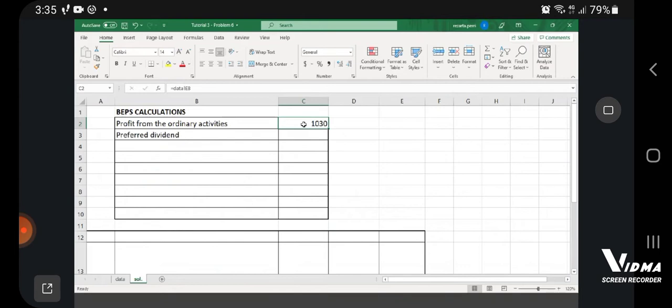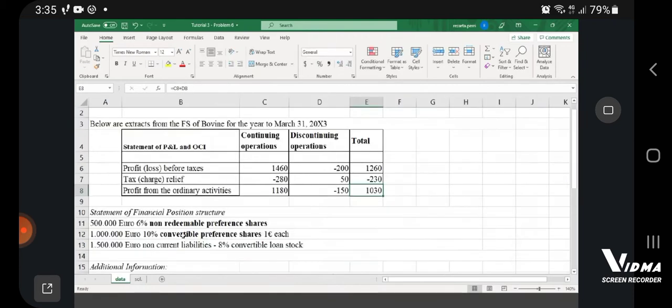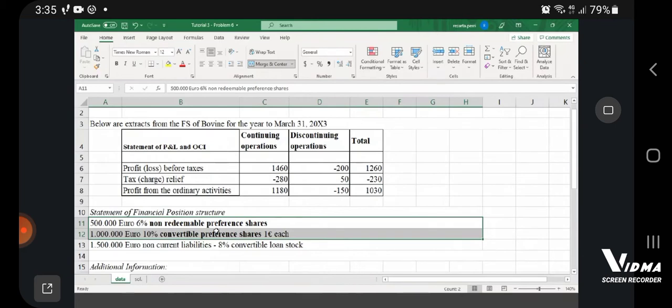These are in millions. We have to deduct here the preferred dividend. Now remember that the dividend is related to 2 different classes. We have 500,000 at a 6% dividend, and then we have 1 million at a 10% dividend.